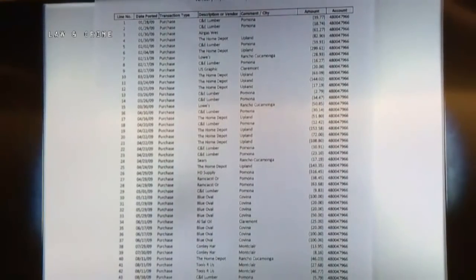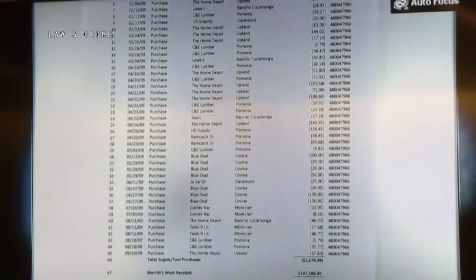I went through the defendant's bank records and looked for purchases that appeared to be, or possibly maybe supply or tool type purchases.